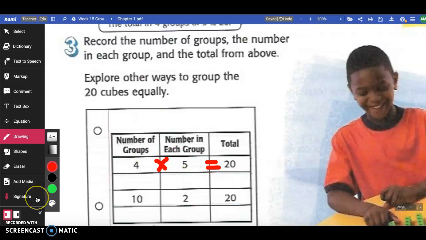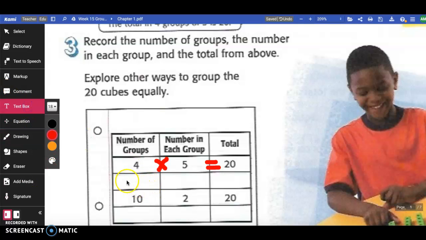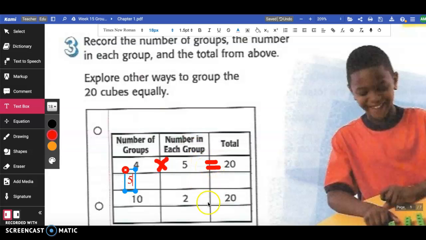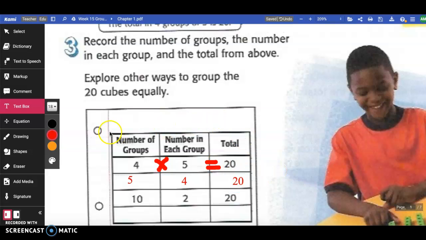And we can actually do the reverse of that, and it would still give us the same answer. What I mean by that is saying that 5 groups with 4 in each group, so you're flip-flopping it, still gives you a total of 20. Same thing.